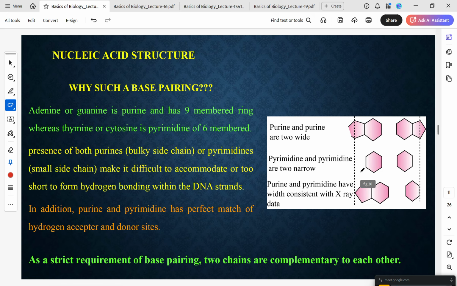If there are two pyrimidines, then the structure will be too narrow. There is no hydrogen bonding happening between the structures. So there needs to be one purine and one pyrimidine present in the opposite strand, so that they can have hydrogen acceptor and donor sites. Therefore, the two chains are complementary to each other.